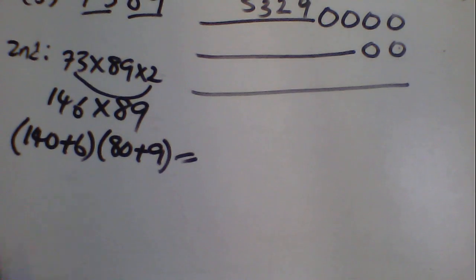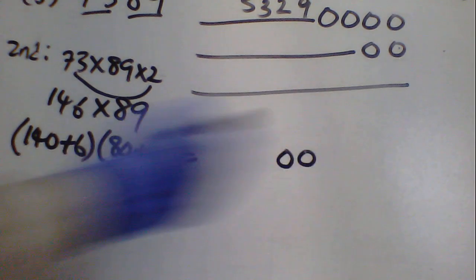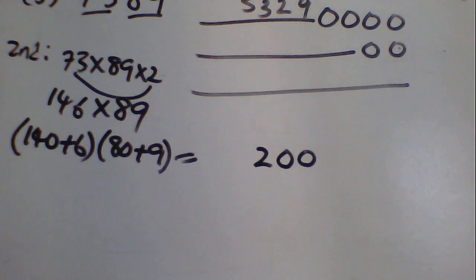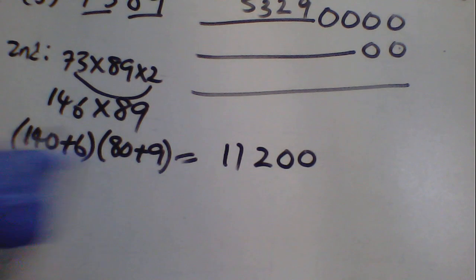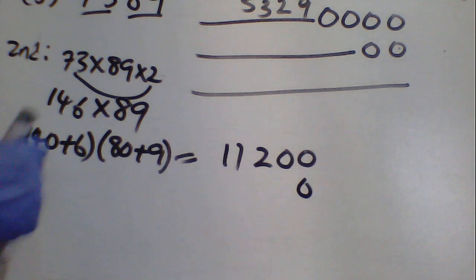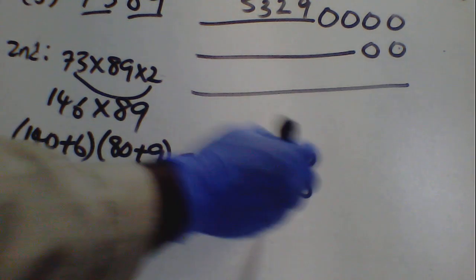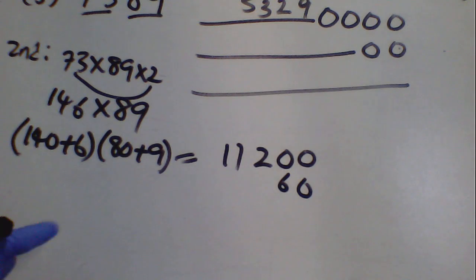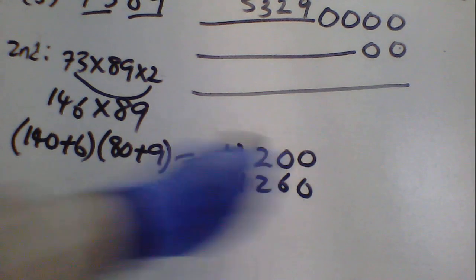In this case, 140 times 80 will give us what? Write 0. 8 times 4 will give us 32. Write 2, carry 3. 8 times 1 will give us 8, plus 3 will give us 11. So 140 times 9, write 0 because there's 0. 9 times 4 will give us 36. Write 6, carry 3. 9 times 1 will give us 9, plus 3 will give us 12.